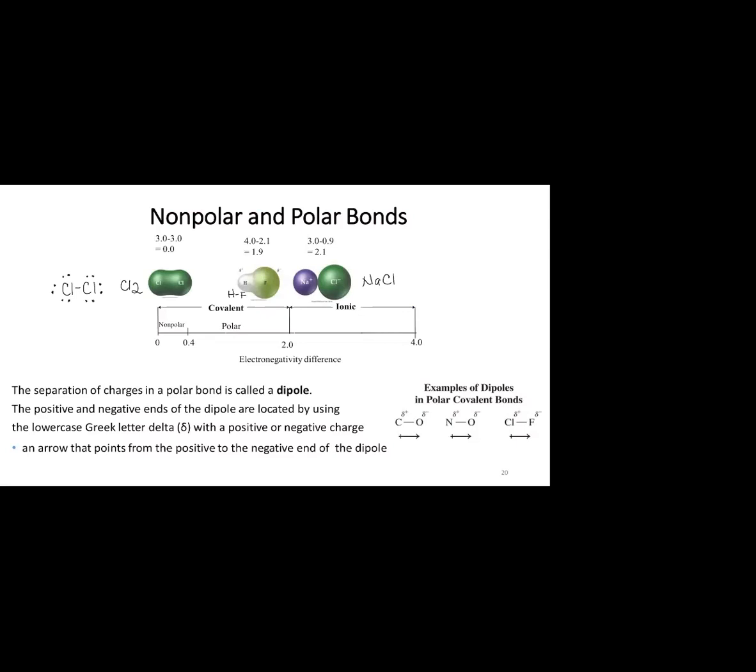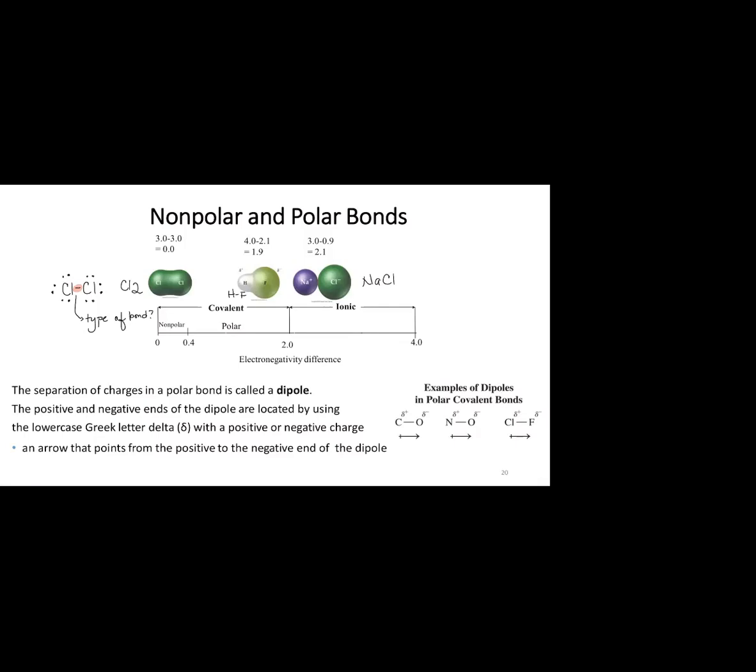Now, if I'm trying to define what type of bond this is, what I need to do is look at the electronegativity values of the two atoms that are connected by that bond. In this case, I'm comparing chlorine to chlorine. Chlorine has an electronegativity value of 3.0. So when I subtract it from itself, it gives me a difference of 0.